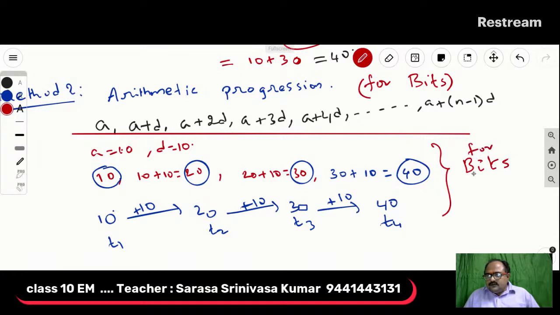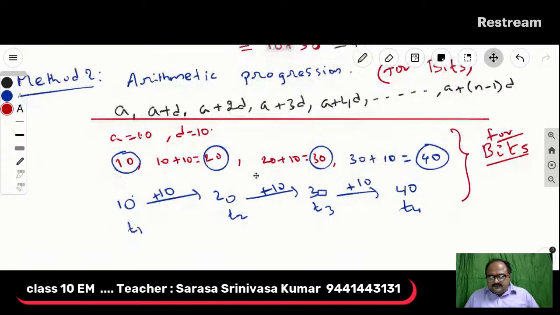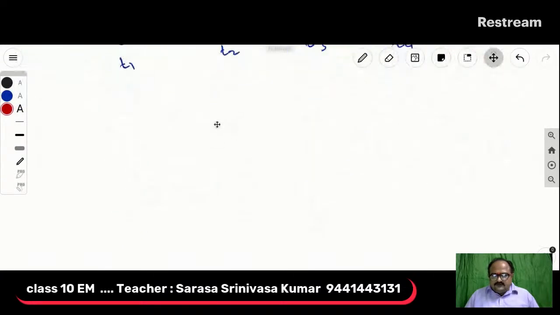If it is not a short answer question type, then we can answer the bits like this. Now let us consider the second problem in this model. The second problem is A equal to minus 2, D equal to 0.